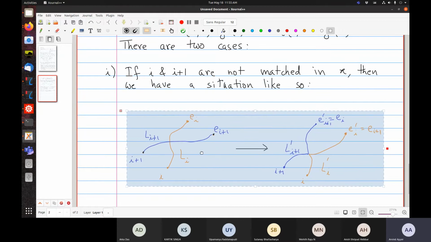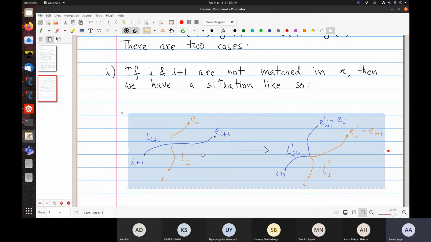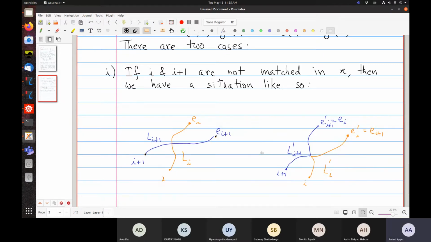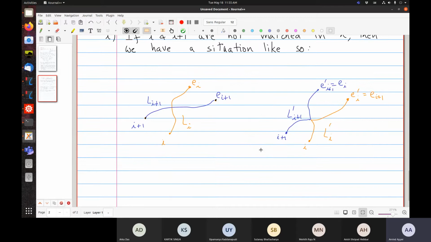Give myself some more room. Okay, so let's suppose that I plus 1 is matched to some k and I is matched to some j.